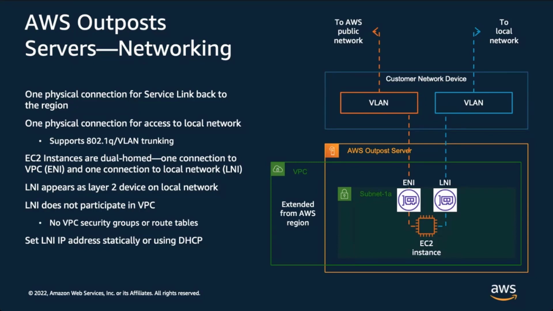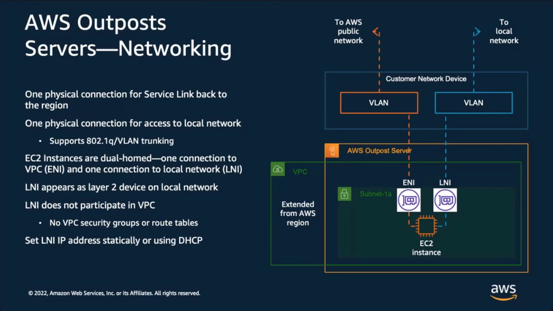The LNI appears on your local network like any other layer 2 device would appear on your network. So there's no layer 3, and no BGP is needed to get to and from the Outpost server. It's just layer 2. I won't dive super deep here, but you'll use this interface to get to your network, and you need to treat it like any other layer 2 device on your network. So you'll need to give it an IP, DNS, and a default gateway.